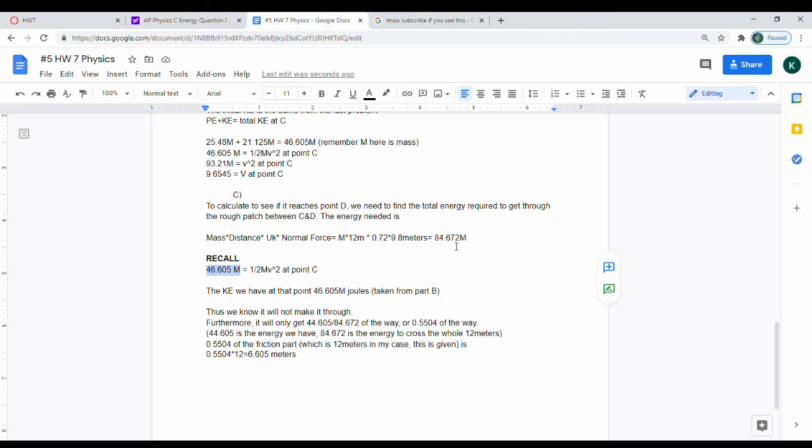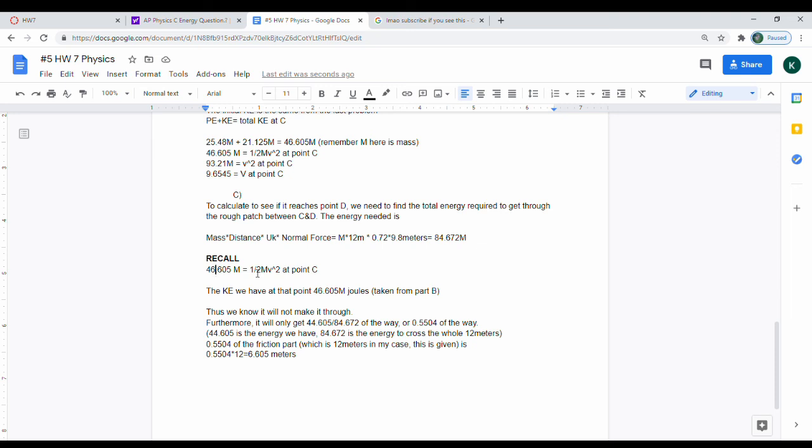So how far will we get through? Well, we need 84 point whatever joules of energy times mass. Just forget the mass because it cancels out. But we only have 46. Either way, your numbers will be different: 44, 46, or some other number.